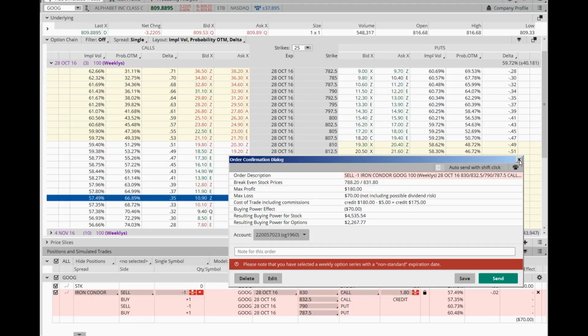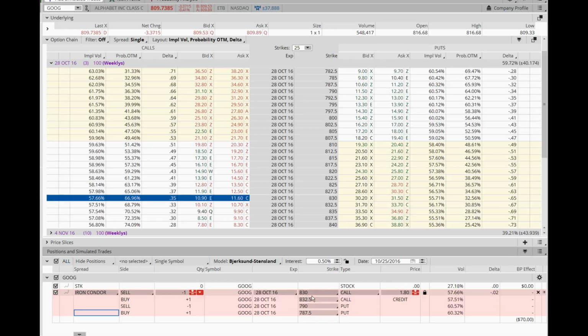Because we are doing 2.50 spreads. Short 830, buy 832.50. Short 790 put, hedge by 787.50. So we have a 2.50 put spread. People with smaller accounts or smaller risk budgets can be happy with this trade.